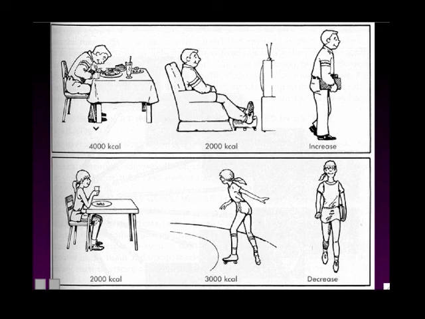So here's a gentleman right here, and he eats 4,000 calories per day. kcal just means calories. So he takes in 4,000 calories per day into his body, but it looks like he's not very active, and so every day his body only burns through 2,000 calories. So that's 2,000 extra calories that come in every day that he doesn't burn off.